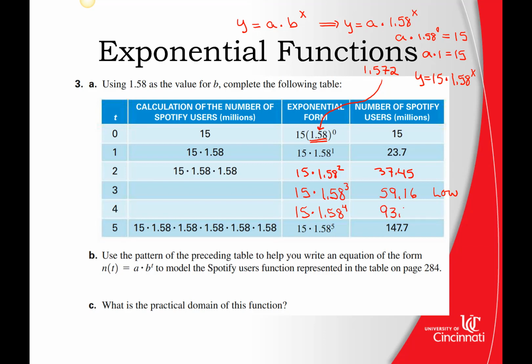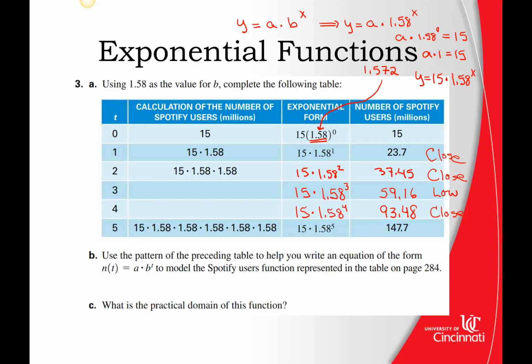It's actually 93.48. Now, if you take a look at the 93.48 versus the actual data, is that pretty close? Yeah, that's not bad. That's pretty close. The 37 was pretty close. Okay, this was pretty close. The last data comes up is 147.7, and the actual number was 140.